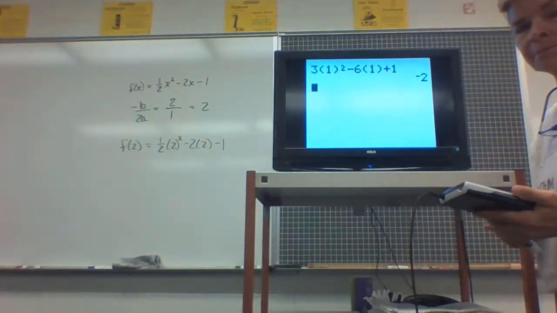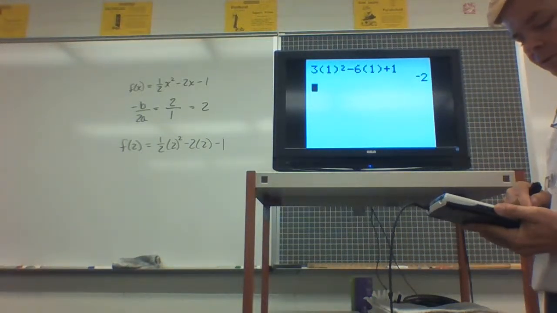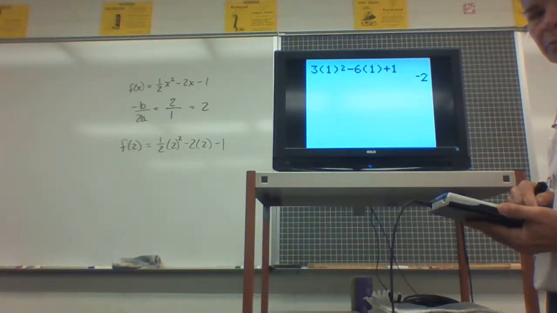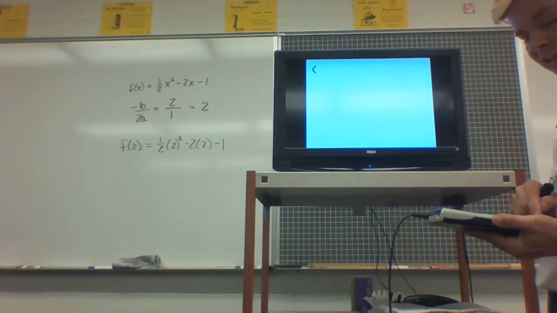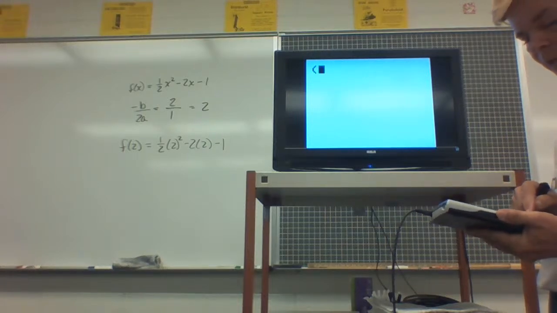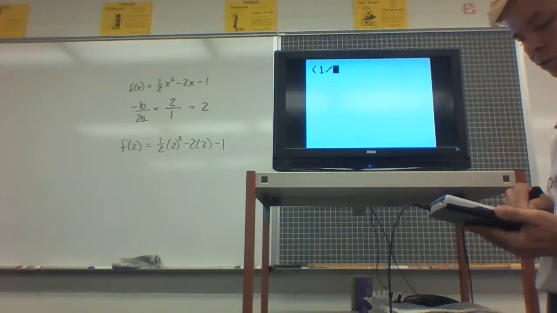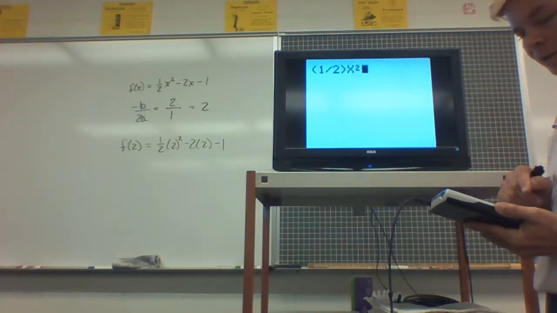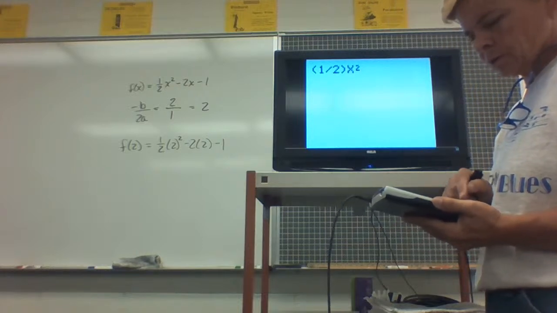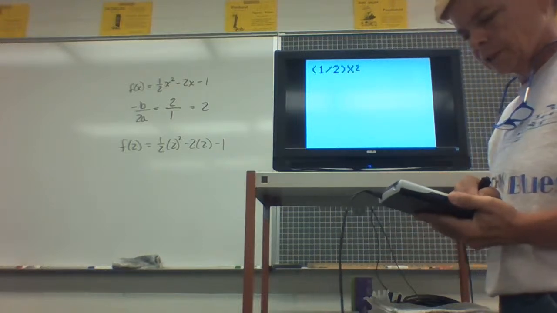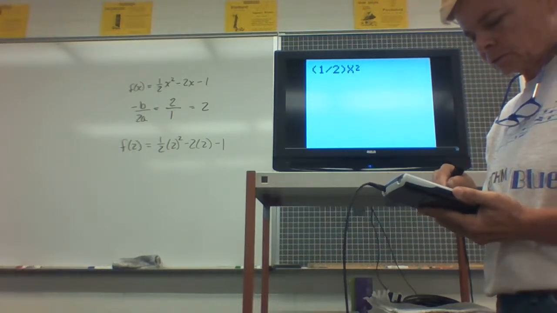So it's going to say 1/2. If you want, you can type 0.5. I'm going to write 1/2. So that's exactly like it is. So I start out with a parenthesis. 1 divided by 2, close it, x squared. No, not x squared. 2 squared. Oh, dang. Okay.